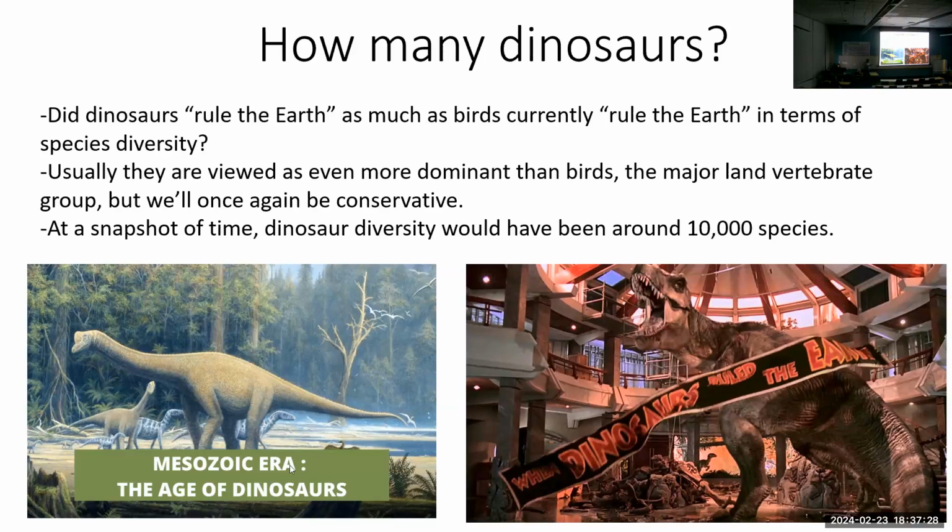So what this means is if you took a snapshot of time, at any given moment, dinosaur diversity would be in the ballpark of 10,000 species. That's assuming their diversity was comparable to birds, and we call the present the age of mammals, even though birds have at least twice as many species as we do.